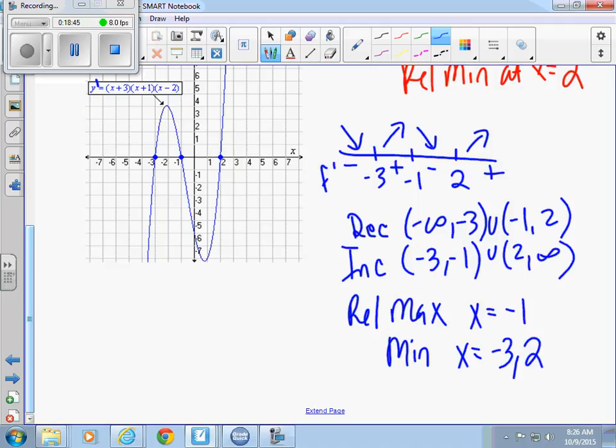But you say that relative and the absolute both the same. Now, relative are any peaks and valleys. Absolute is the highest peak or the lowest valley. On this particular function, if you were to go back to the original, it's a 4th degree polynomial. It does have an absolute minimum, but it does not have an absolute maximum.